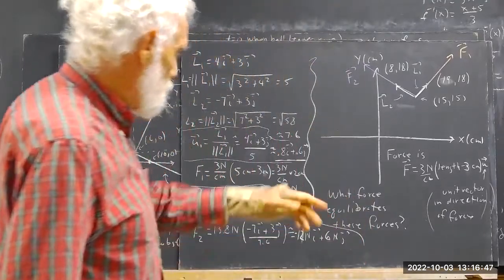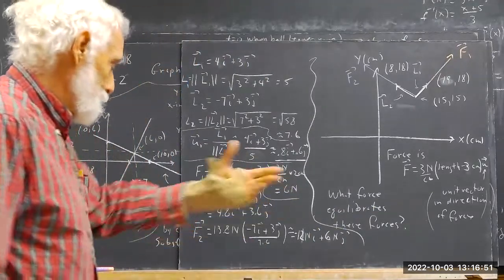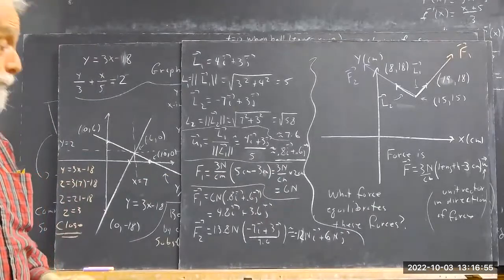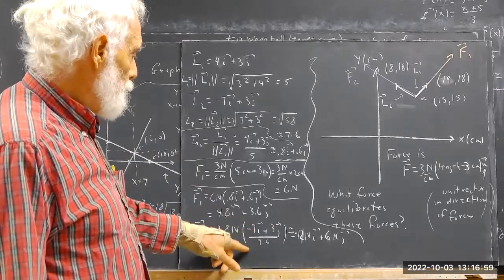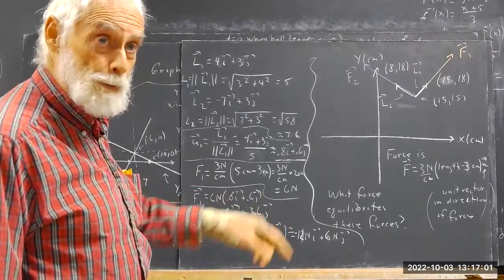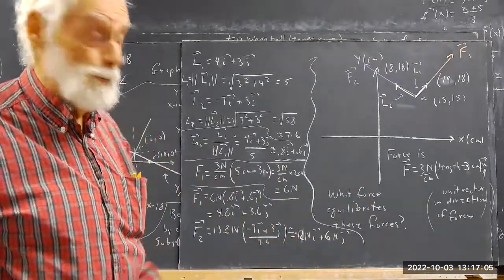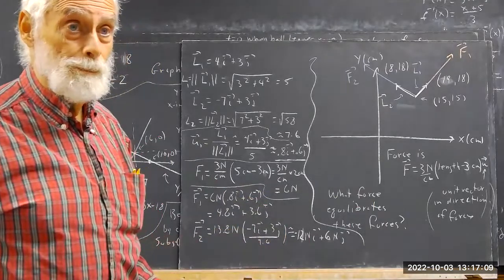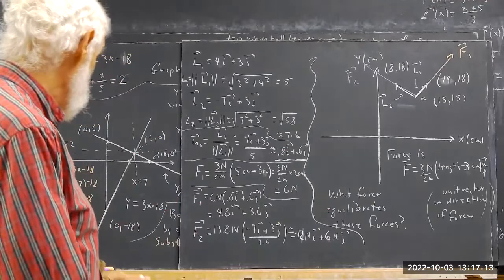Now, you don't want to do it by estimate and trial and error and guess and check. You just punch it into your calculator at that point. At least one person did just use 7 over 7.6 and 3 over 7.6, and then punched it into the calculator. That's fine because you're assured that was a unit vector. You can look at it and make sure that was a unit vector.